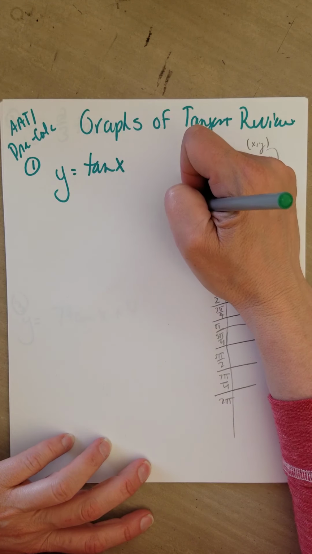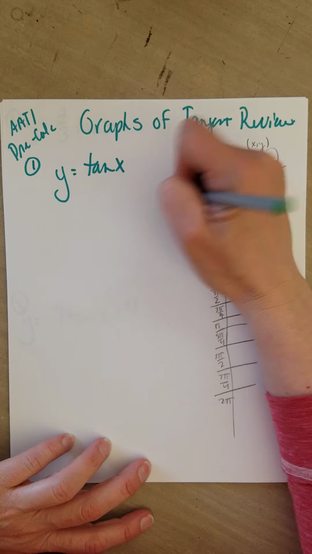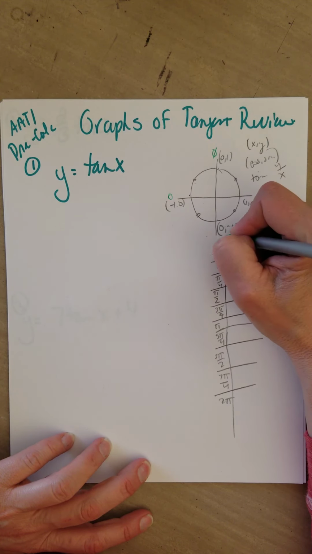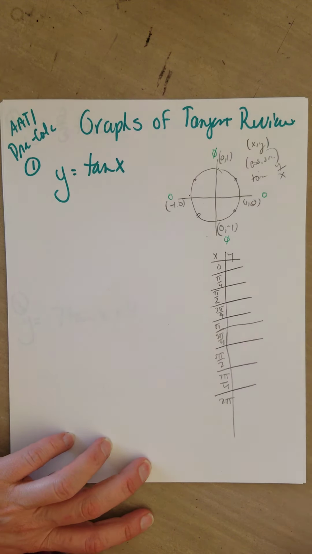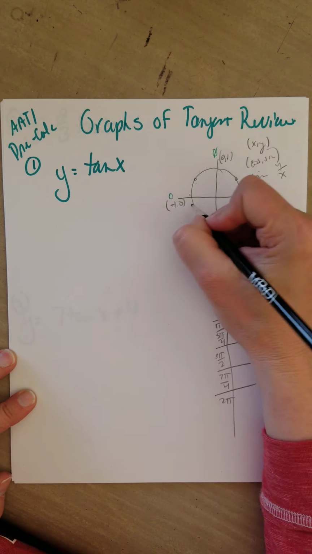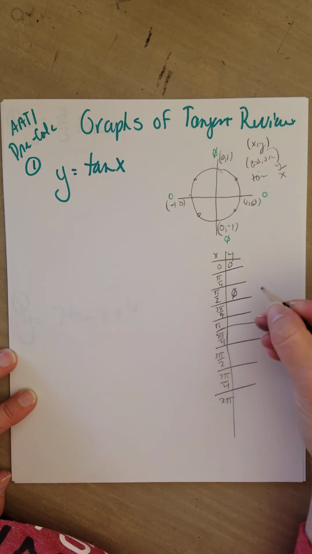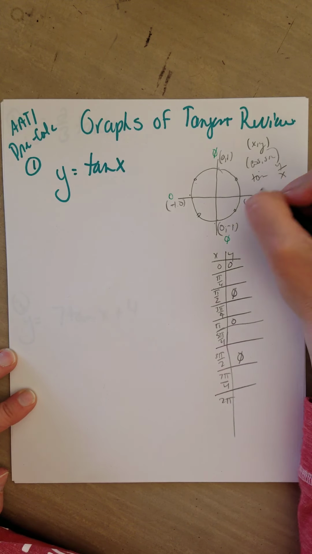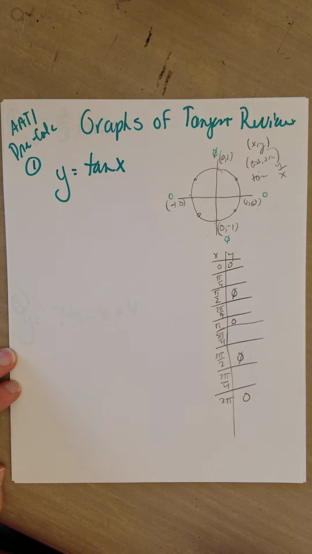Here, 0 divided by negative 1 is 0. And here, negative 1 over 0 is undefined. So this is the one where we had some asymptotes. At 0, it's 0, and at pi over 2, it's undefined. Over here, it's 0 at pi, 3 pi over 2 it's undefined, and then back at 2 pi, it's 0. And I could go backwards.